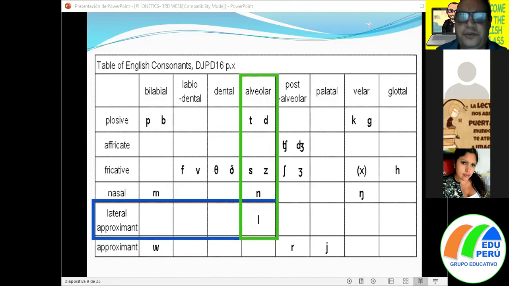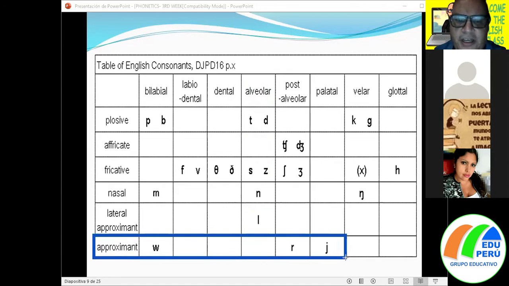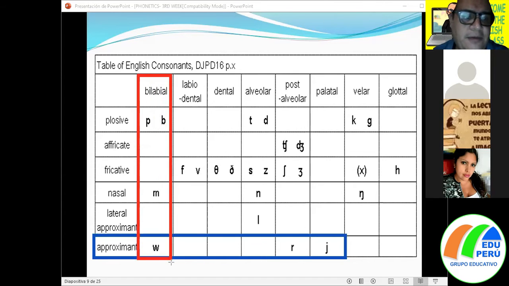Now, let's continue with the other ones, the last three. They are approximant sounds. We have three approximant sounds. First, the sound wo. Remember, the first symbol is wo. This is bilabial, approximant bilabial, because you are going to use your lips.